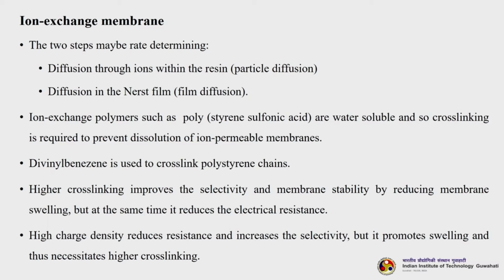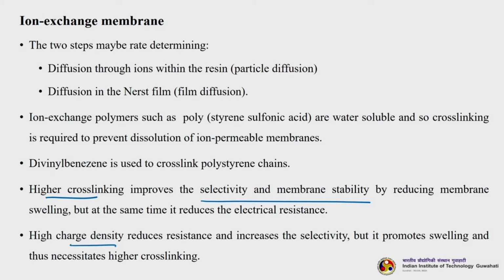Divinyl benzene is used to cross link polystyrene chains. Higher cross linking improves the selectivity and membrane stability by reducing membrane swelling, but at the same time it increases electrical resistance also. High charge density reduces resistance and increases the selectivity, but it promotes swelling and thus necessitates higher cross linking. So, with higher cross linking and higher charge density, you need to optimize.